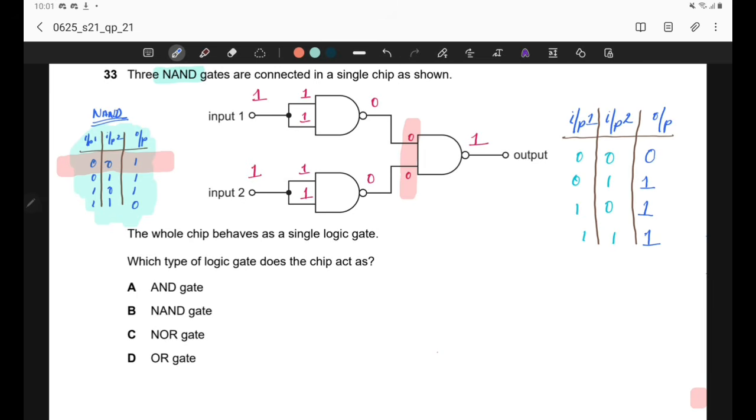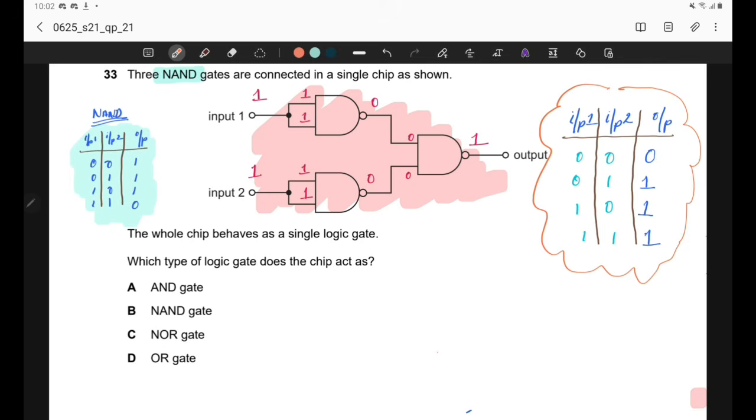So this is the truth table of this particular combination of logic gates. Now we need to check which logic gate this truth table is similar to. Is it similar to the truth table of an AND logic gate, or the truth table of NAND, or the truth table of NOR, or OR?